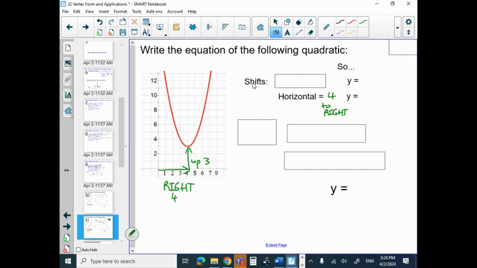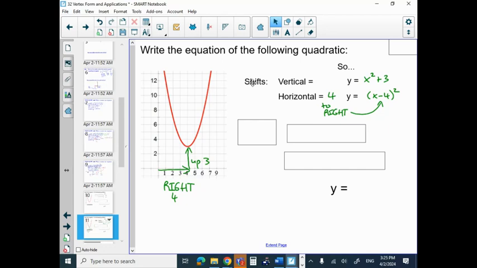And so we're going to have an x minus 4 squared, since to the right is the negative part. And we have an up 3, so we're going to have a plus 3 as a part of it, and we'll combine all these in the end. But the vertical part's that.